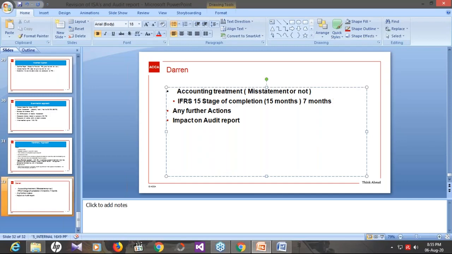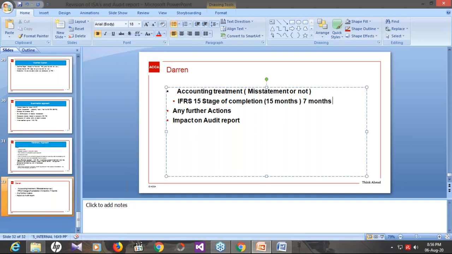The first approach is the cost to cost approach, based on the cost incurred during the year divided by the estimated total cost. The second way is the percentage of completion over time: the time completed divided by total expected time.